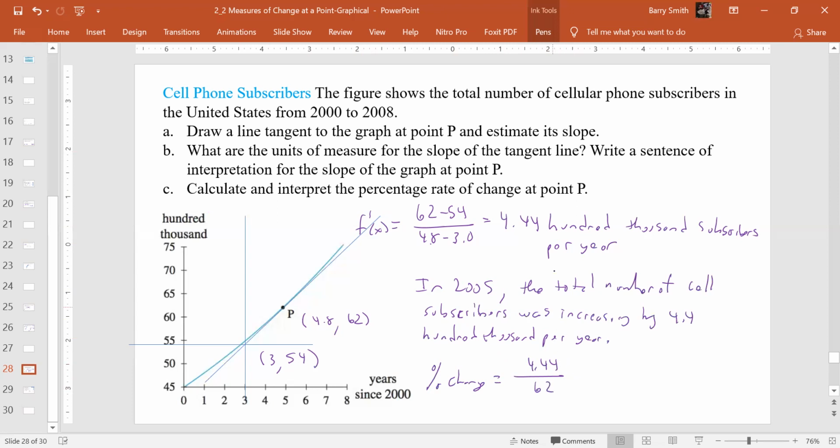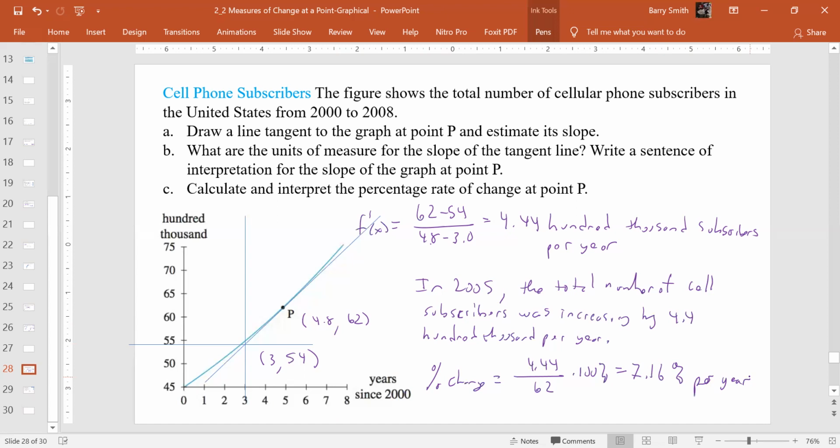And so then what else is there? Oh, then times 100%. So we have 4.44 divided by 62 times 100, and that's going to be roughly 7.16%. And so 7.16%, and that's per year.